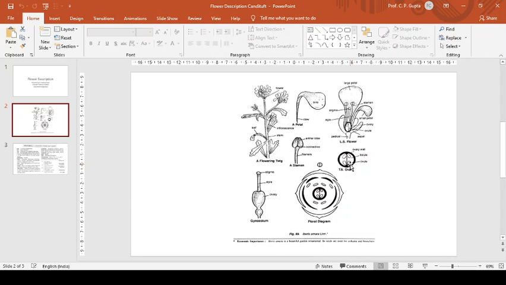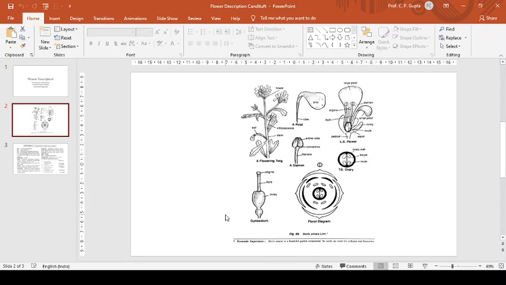Each locule contains 1 or more ovules. Parietal placentation. Style long, and stigma capitate, laterally compressed ovary. So this is the description of gynoecium.